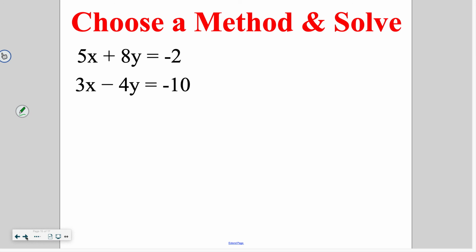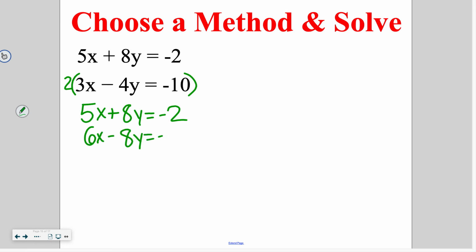If I look, my y's are set up nicely to eliminate because 4 is a factor of 8. So I can take this second equation and I'm going to multiply it by 2. So we've got 5x plus 8y is equal to negative 2. And my second equation then becomes 6x minus 8y is equal to negative 20. I'm going to add to eliminate.